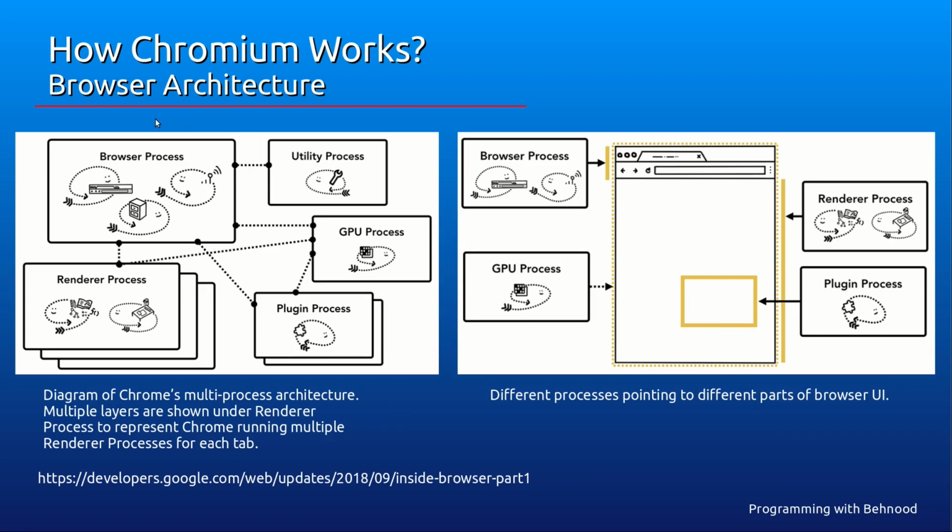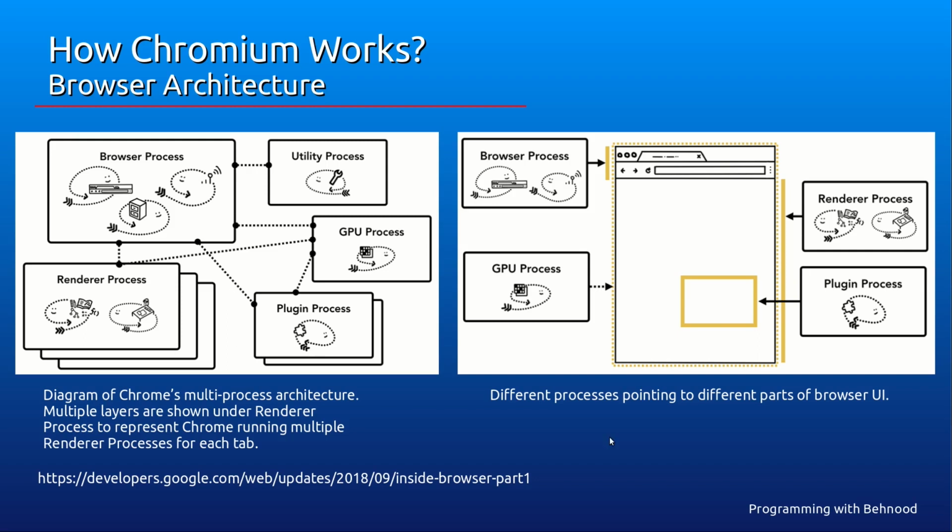At the top is the browser process coordinating with other processes including utility process, GPU process, plugin process, and renderer process. For the renderer process, multiple processes are created and assigned to each tab.